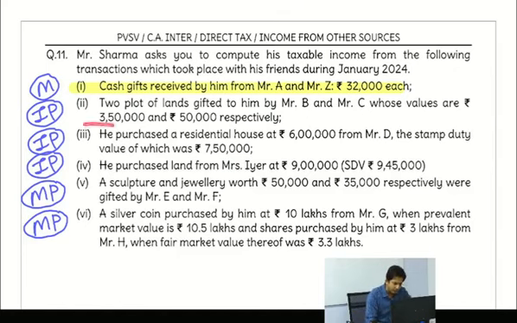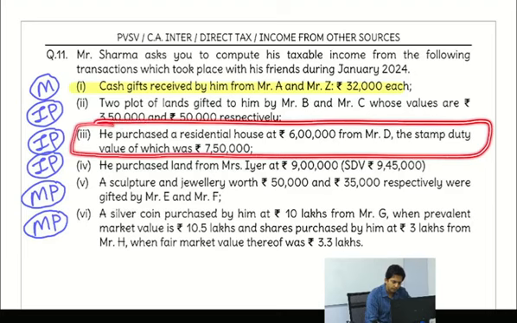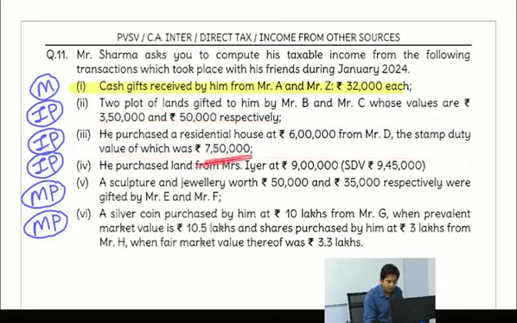First, let us discuss this point number 3. You try on your own. See what is written. He purchased a residential house at 6 lakhs from D. Stamp duty value is 7,50,000, means market value is 7,50,000. But you paid only 6 lakhs. So it is purchased at low price.